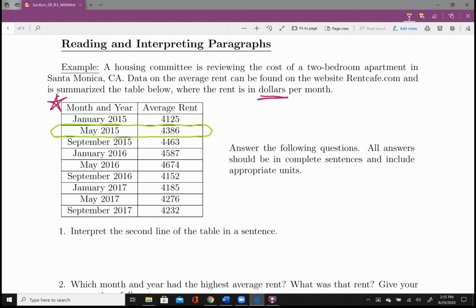This is the second line. So I'll just put a note there, second line. It looks like in May 2015, the average rent in Santa Monica, California was $4,386. So that is what I will write down as my interpretation of the second line.